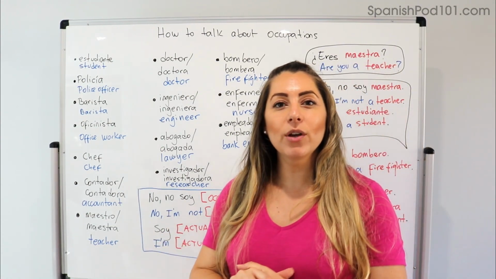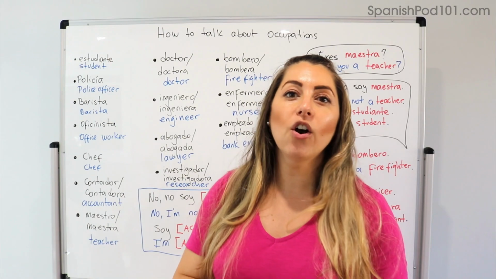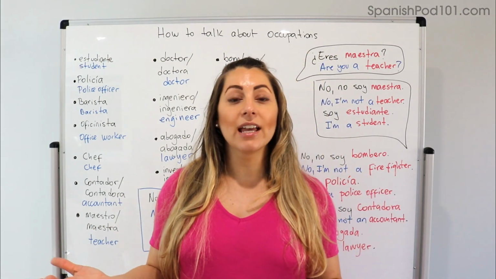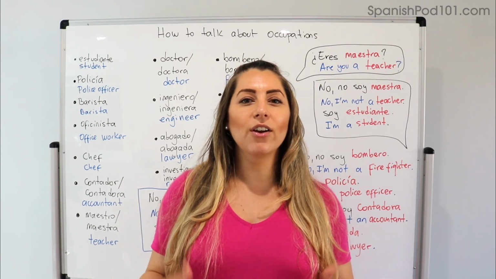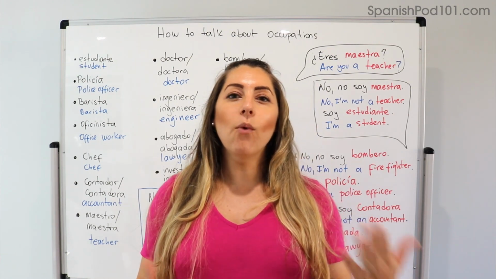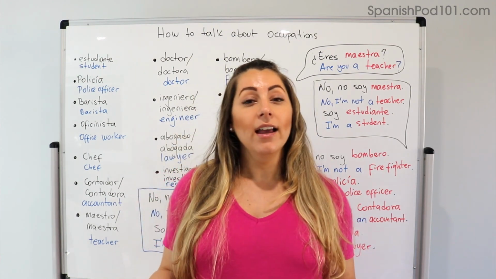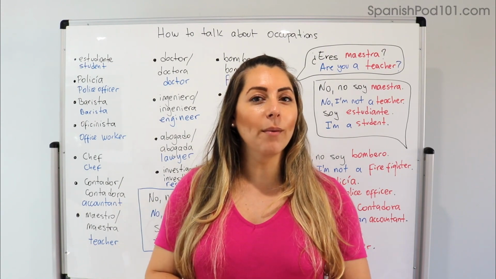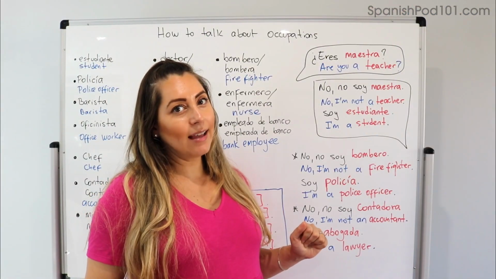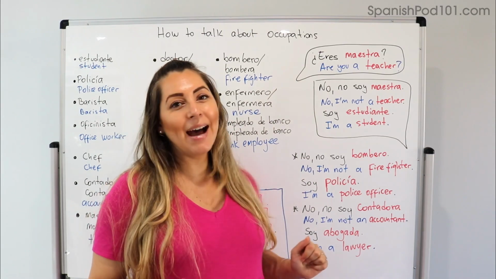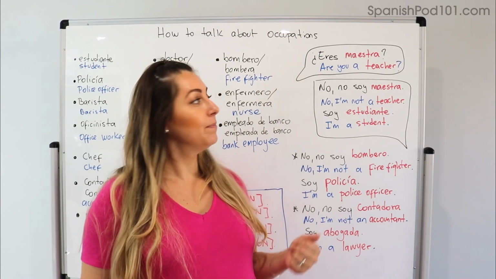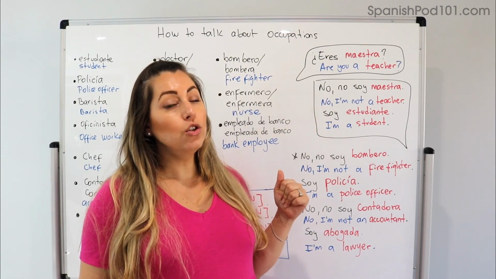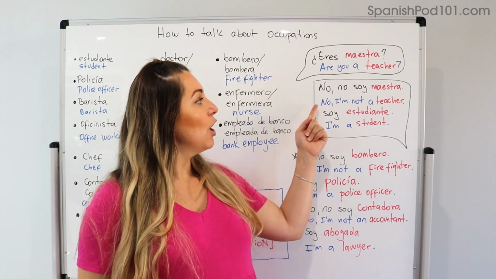Now, let's have a look at this vocabulary in context in a conversation. Let's say that two neighbors are getting to know each other a little bit better, and one of the neighbors is a young woman. The neighbor asks, ¿Eres maestra? No, no soy maestra.